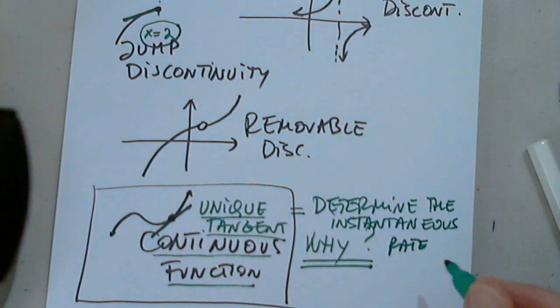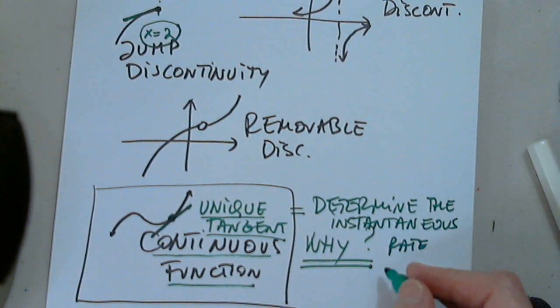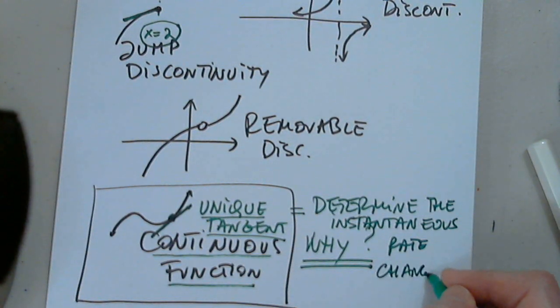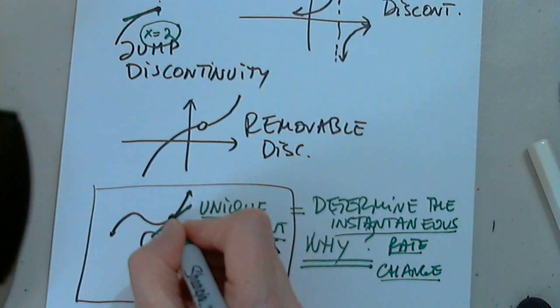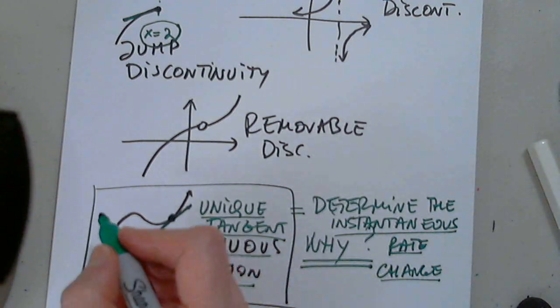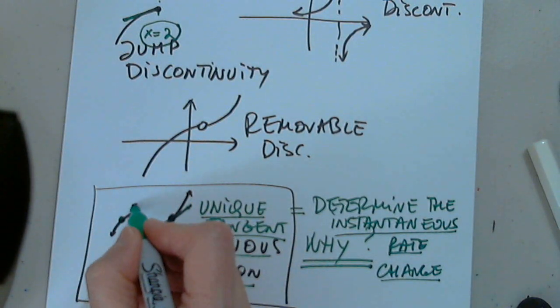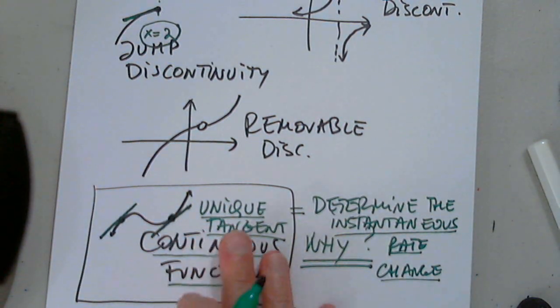This is what we are interested in this class. The instantaneous rate of change. How fast is the function changing here? Or here, because there is only one tangent.